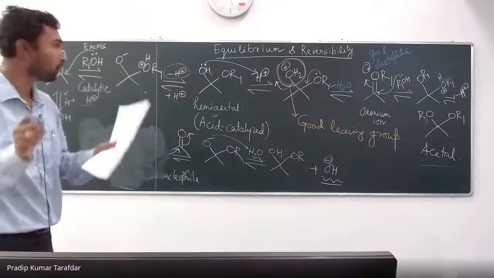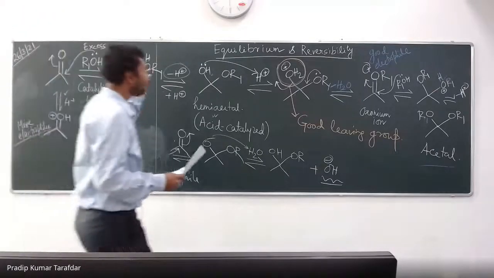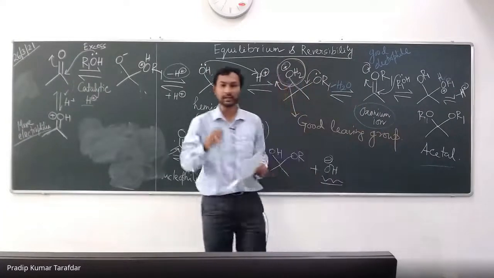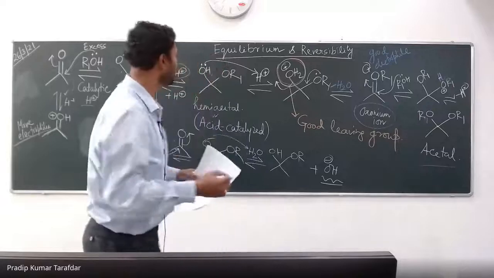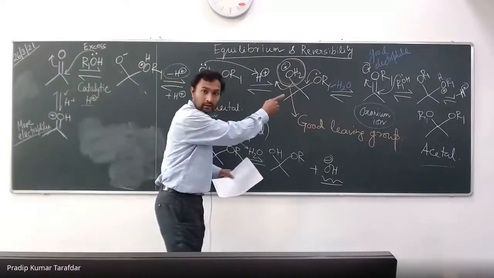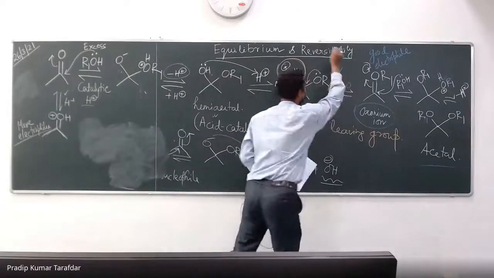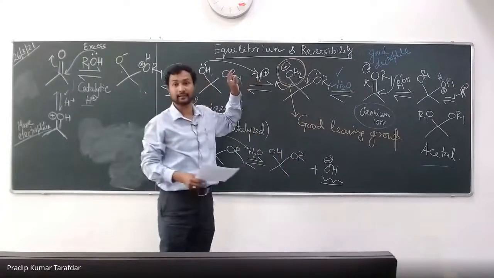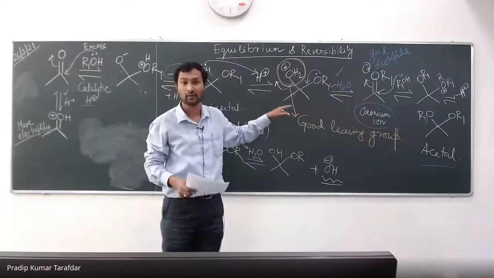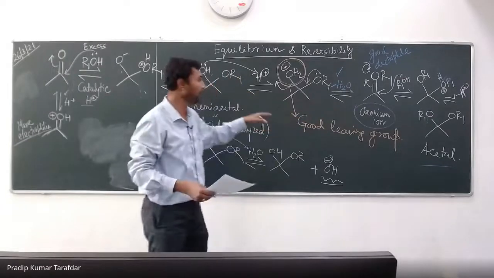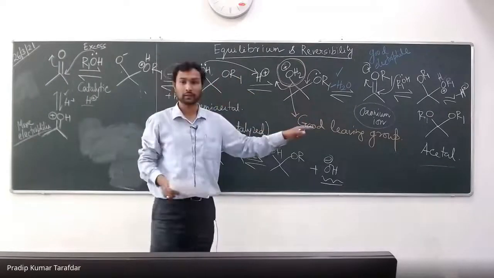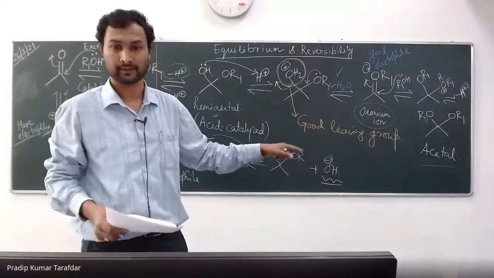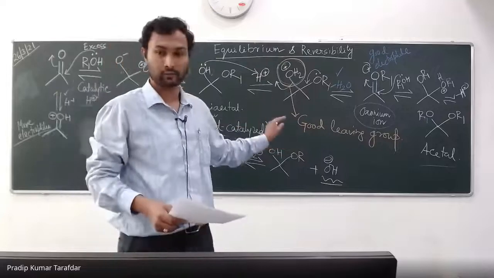Water won't be removed, because to make this acetal we need an oxonium ion. That is possible by the removal of water, and this removal of water is possible only in presence of acid. That's why we should not get acetal in presence of a base, but hemiacetal is okay.